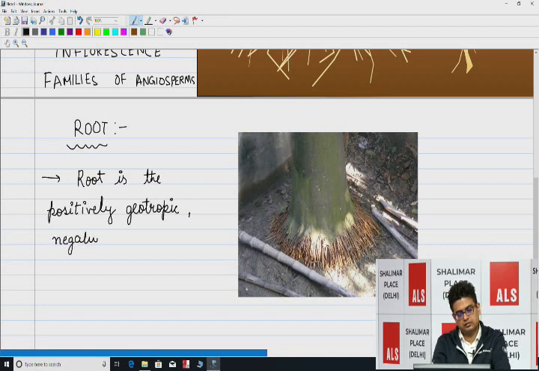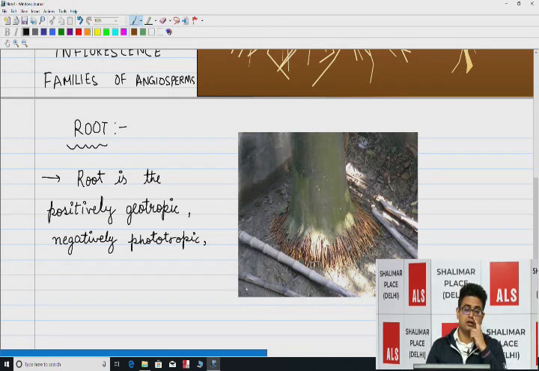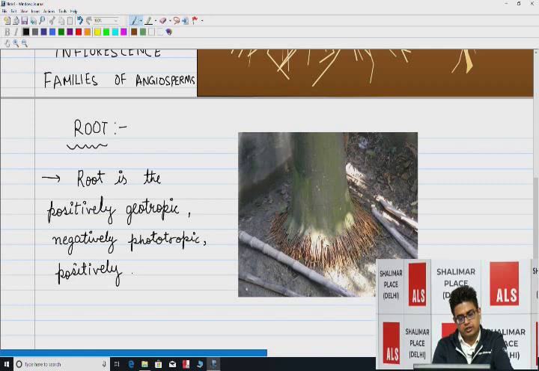Negatively phototropic means it grows away from the direction of light. It also grows positively in the direction of water. Water is also important for the root: positively hydrotropic.